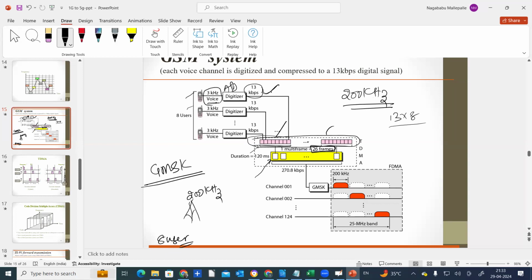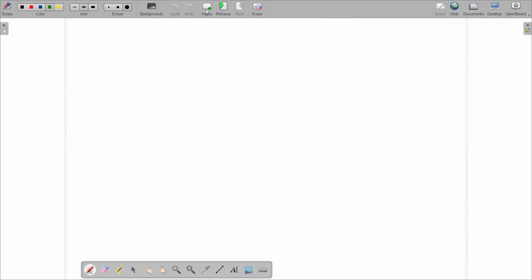People are testing 1024 QAM also, which means 10 bits per symbol. Data rate depends on the modulation scheme. Here GMSK is not even 1 bit; approximately we take 1 bit, but it is less than 1 bit per symbol.